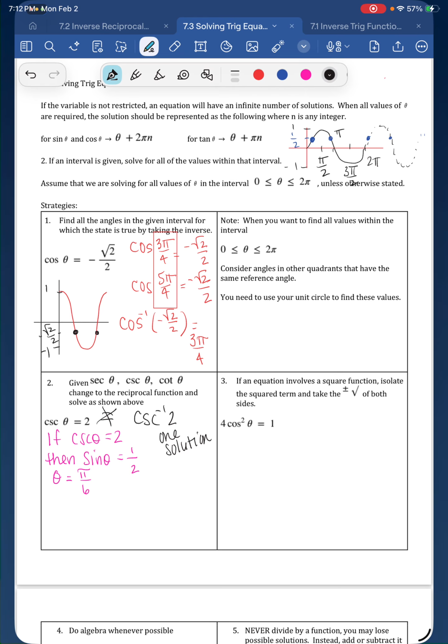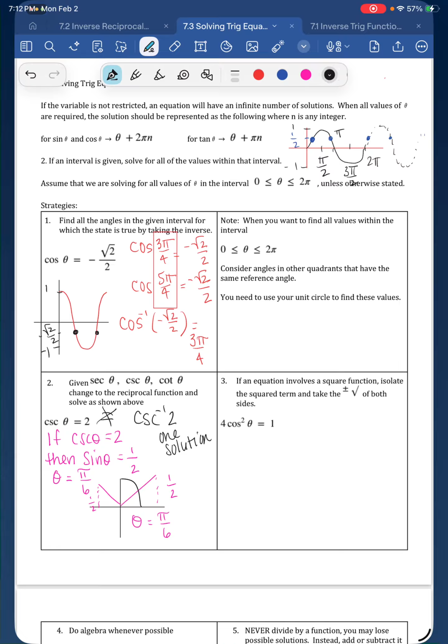But sine is positive in more than just the first quadrant. Sine is positive in quadrant 1, but sine is also positive in quadrant 2. So my answers are going to be pi over 6, and then it comes down to knowing reference angles.